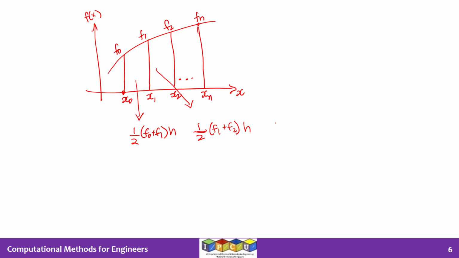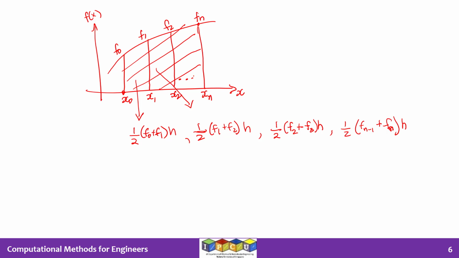The third trapezium, if you can visualize that, is going to have an area of half (f2 plus f3) times h. And the last trapezium is going to have an area half (fn minus 1 plus fn) multiplied by h. So if you add up all this, you'll get the total area under the curve from x0 to xn.